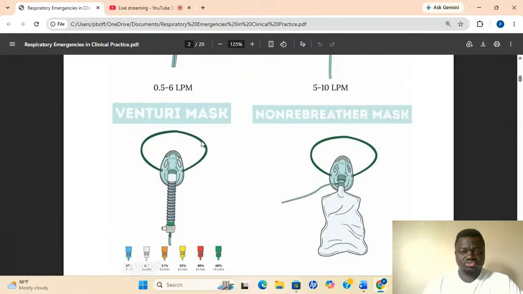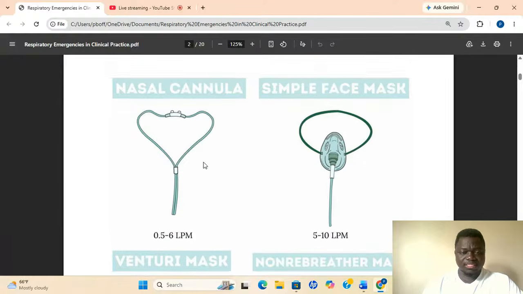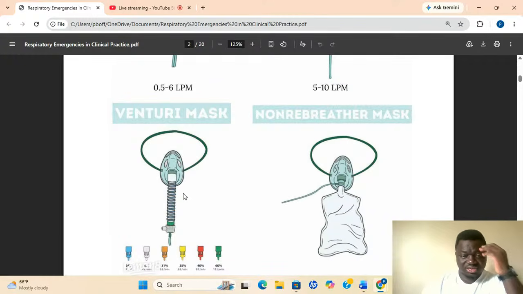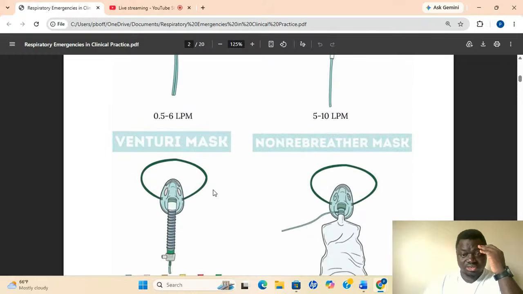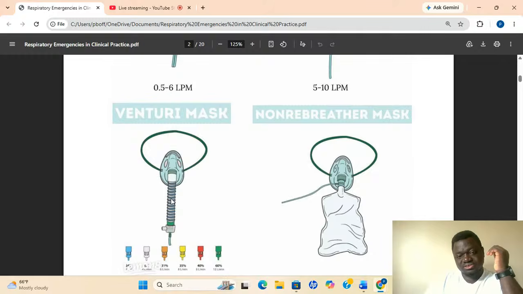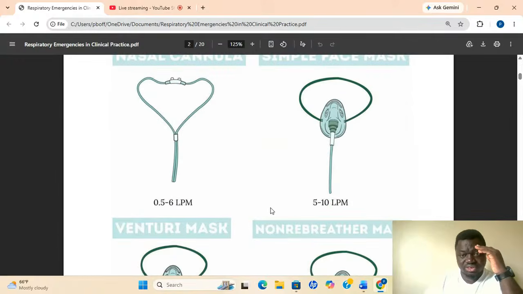Then we have the Venturi. After this, you go into Venturi. A lot of hospitals don't have Venturi. If you look at the Venturi mask, most of the time it comes with this cord, so know the difference.